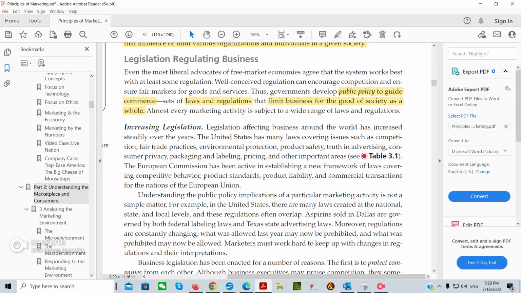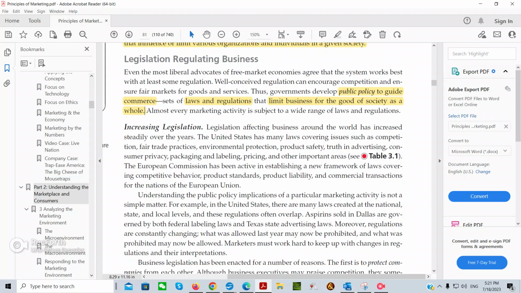The United States has many laws covering issues such as competition, fair trade practice, environmental protection, product safety, and truth in advertising, which falls in the category of preventing false advertising. Consumer privacy, packaging and labeling, pricing, and other important areas.